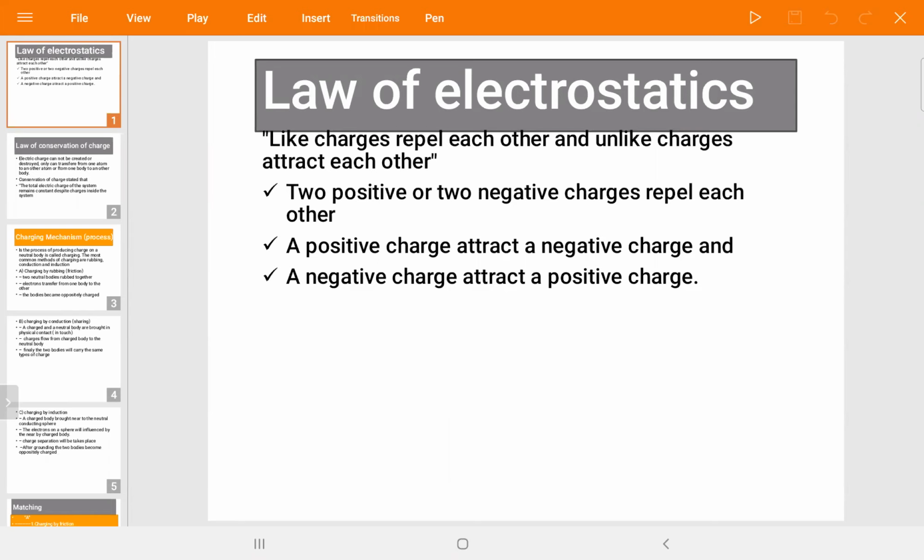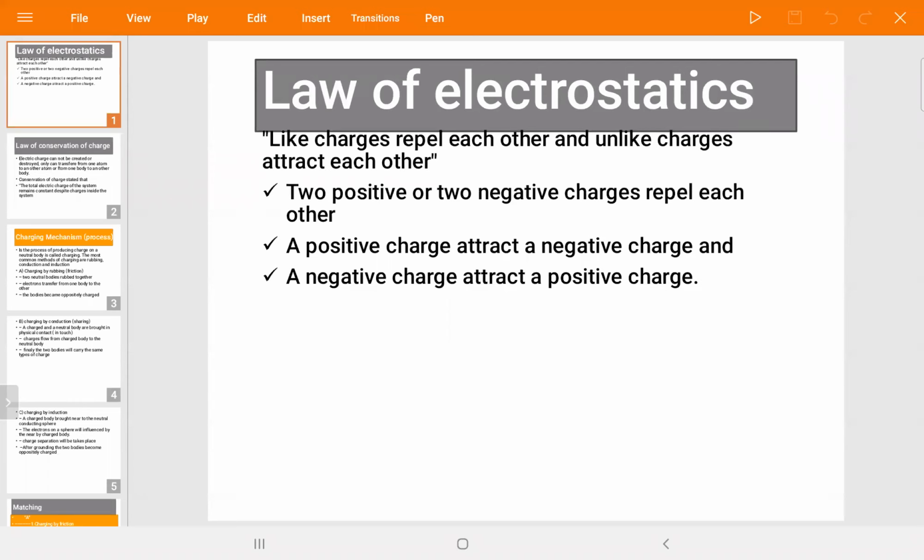The other possibility is that if a body has a deficiency of electrons, then the body is said to be positively charged because the number of protons exceeds the number of electrons. If electrons are in surplus on a given material, the body is negatively charged. In a similar way, if protons are in surplus, the body is positively charged.